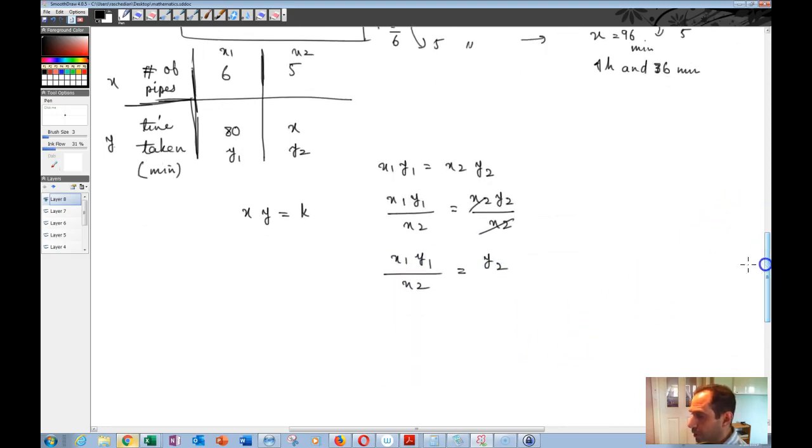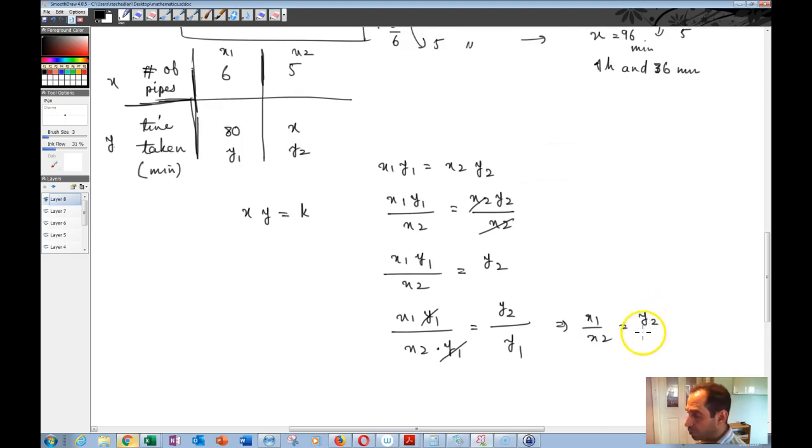Then if I divide by y1 as well, so y2 to y1, these two would cancel out, and you will have x1 to x2 is the same thing as y2 to y1, I'm sorry.